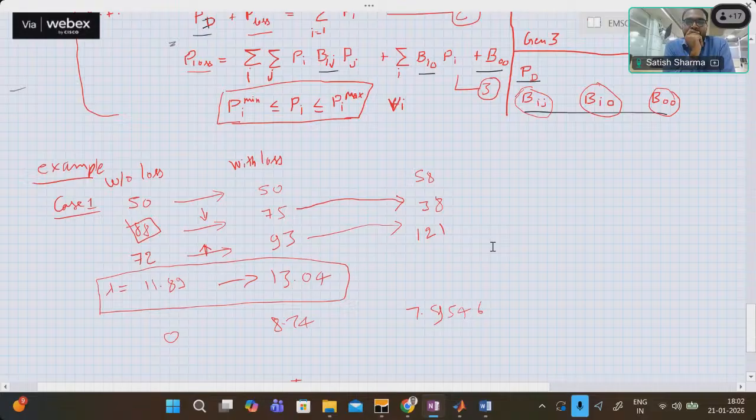And apart from that, there was one more question: can GAMS be used for metaheuristic algorithms? I answered yes, it can be used, but it requires a lot of effort.